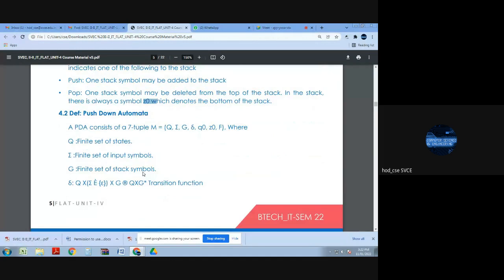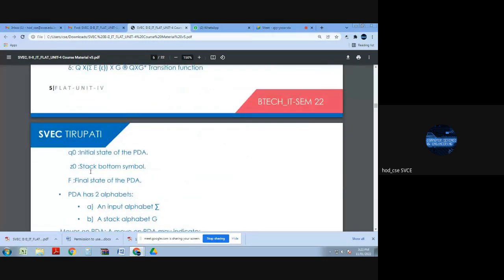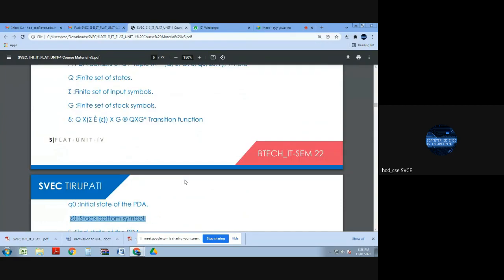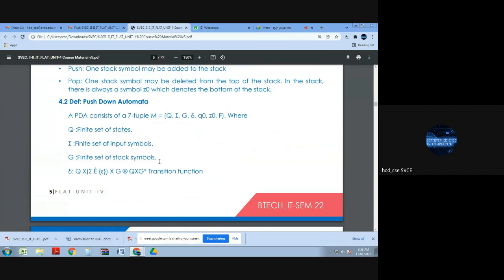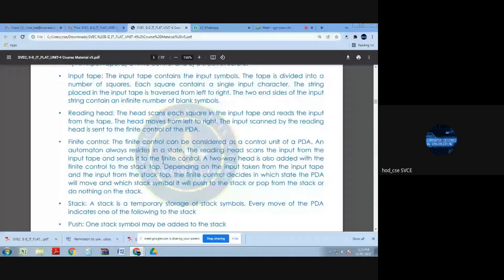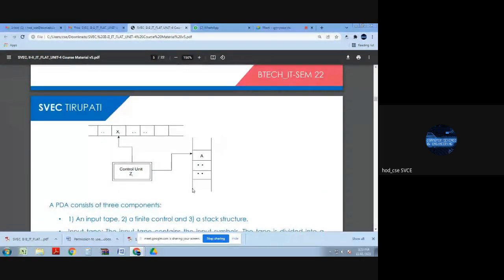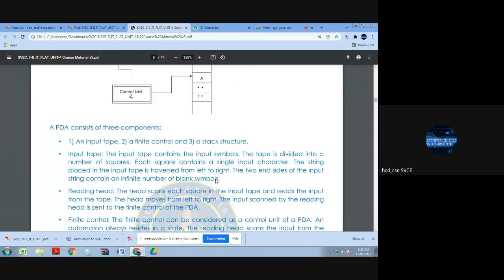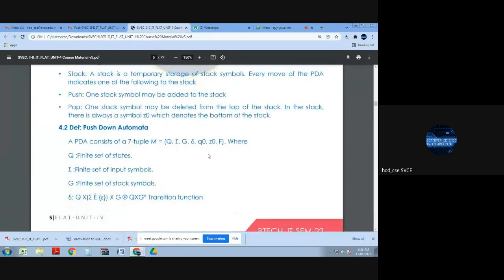So Z naught represents the stack bottom symbol. And what is gamma? In PDA we are using an extra stack, and for storing the stack symbols we use an element called gamma, which is the finite set of stack symbols.